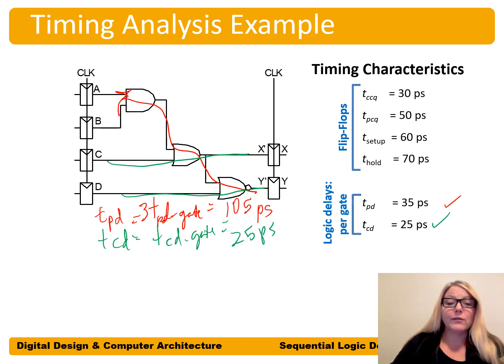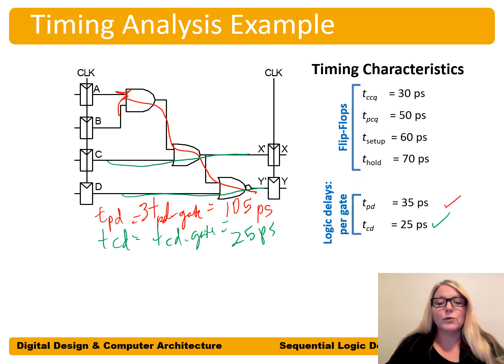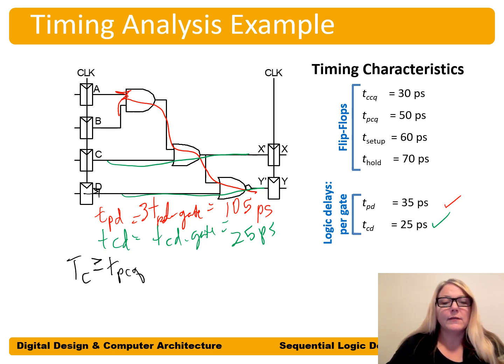Okay, so now that we have those, we can calculate our cycle time constraint and our hold time constraint. So cycle time constraint or setup time constraint, call both of those. TC has to be greater than or equal to the time it takes to get out of the flip-flop, plus the maximum delay through the combinational logic, plus the time to set up into the register.